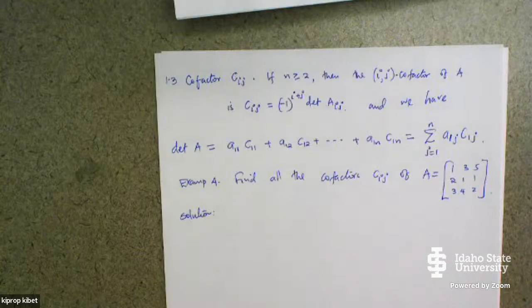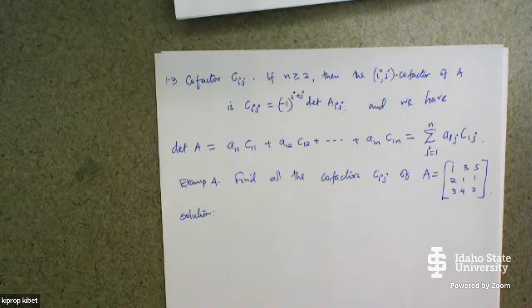So in this case, we delete this. 1, 2, 3; 1, 2, 3. We have exactly nine cofactors.